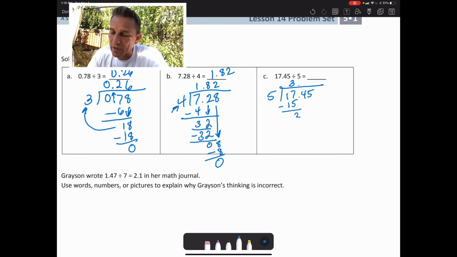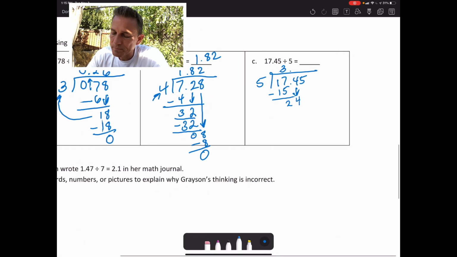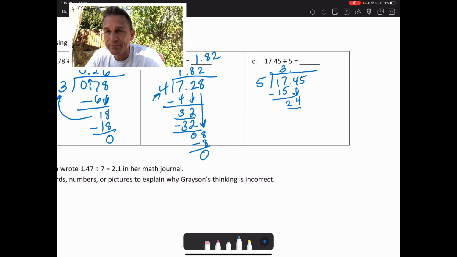Which means I can bring down the next number. So now I'm going to bring down my tenths. So I bring down the 4. Whenever I bring a number down, something has to go above it in the quotient. So the answer to what goes above it is how many times 5 goes into 24 now.